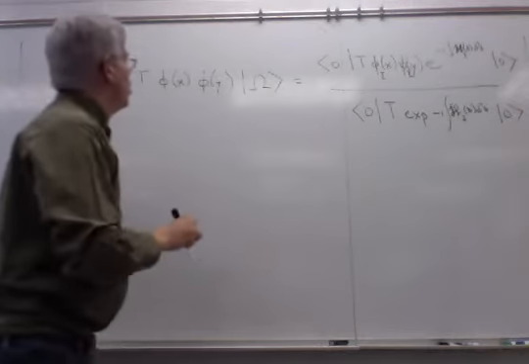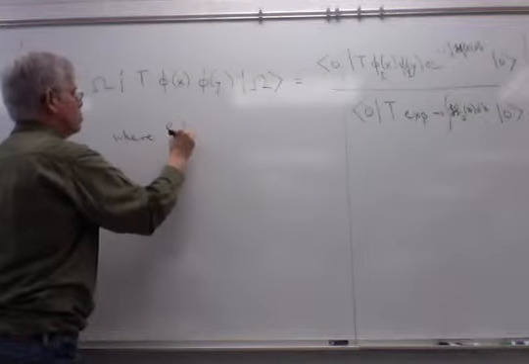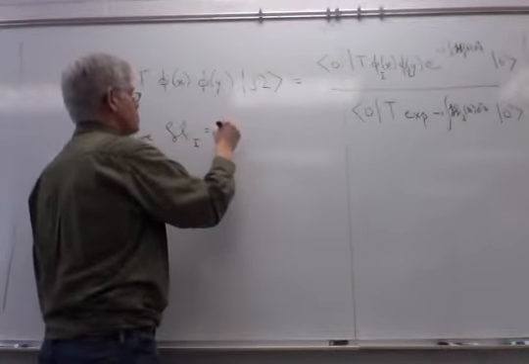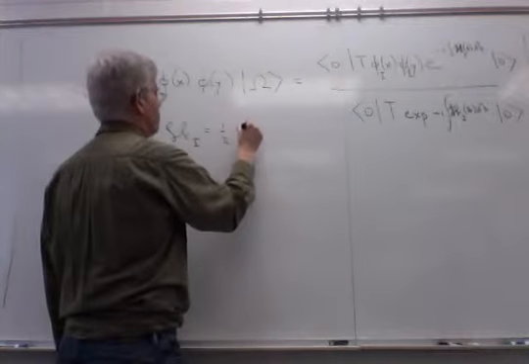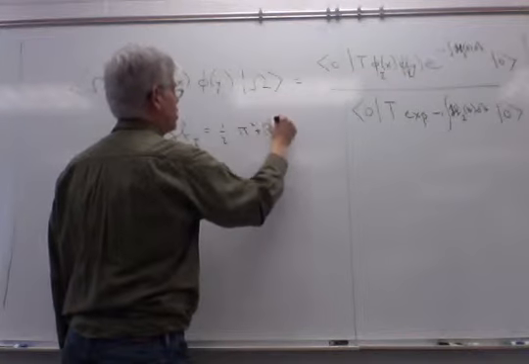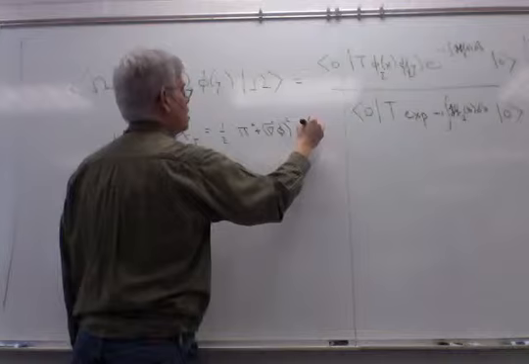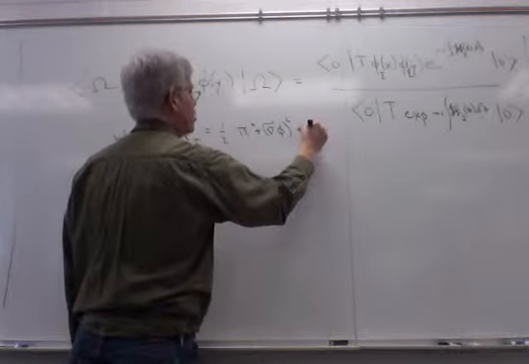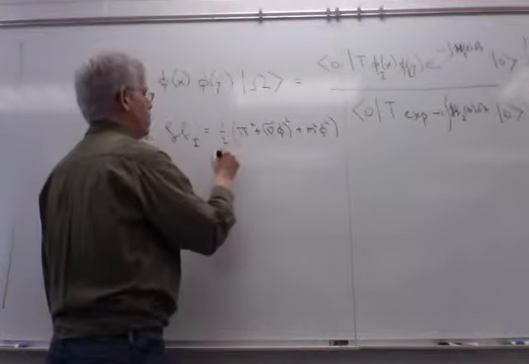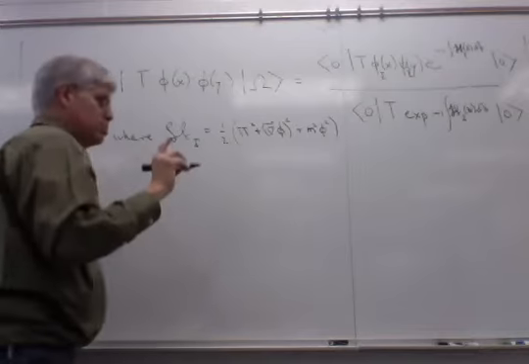Okay. Where for our particular theory, H sub I is one half pi squared plus grad phi squared plus m squared phi squared. All of this goes with a half. I'm sorry, I'm wrong.